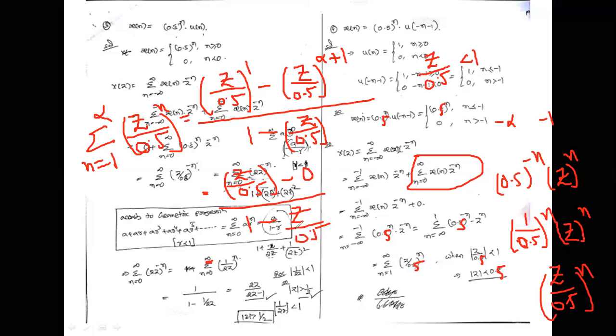Take z by 0.5 common in the denominator, the numerator gets cancelled, and it becomes 1 by z by 0.5 minus 1. So actually there is a minus there, my dear students. Actually this is a minus 0.5. Then it is correct. It's a minus, and keep this minus here.